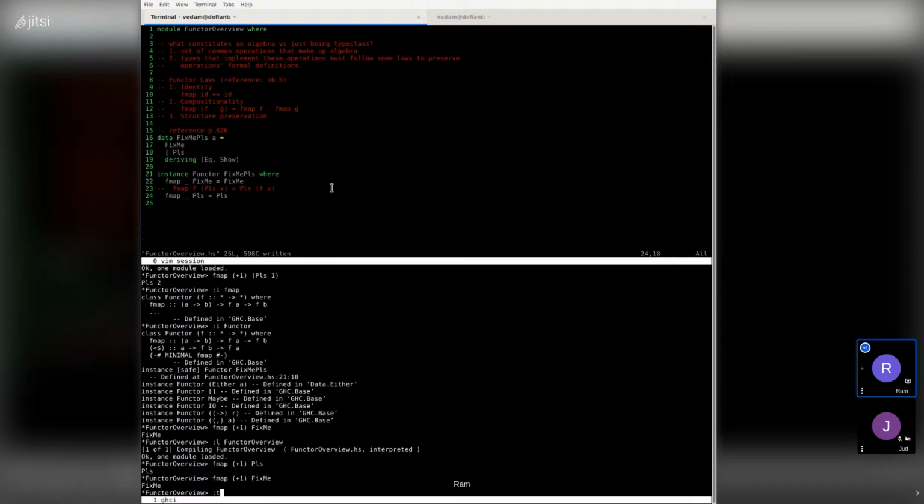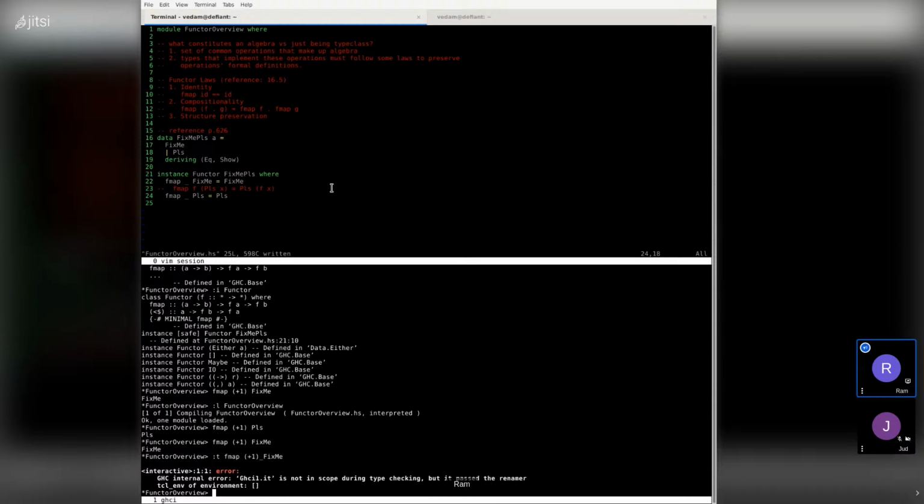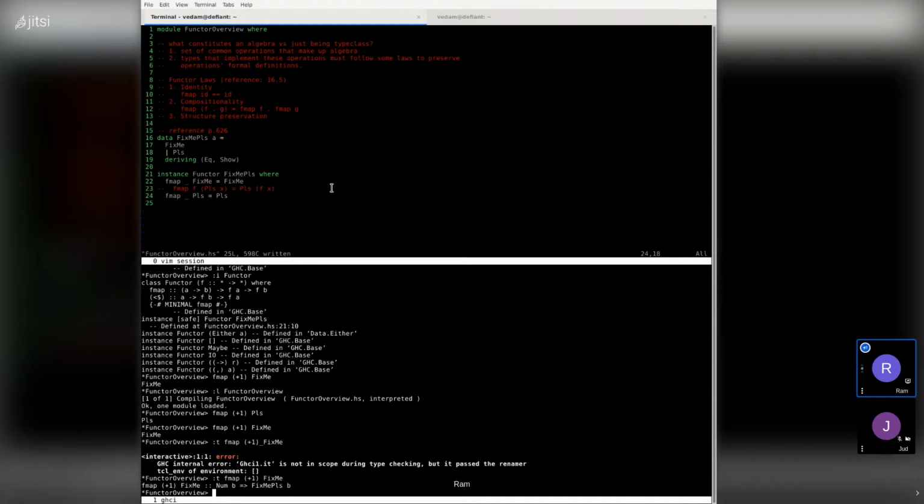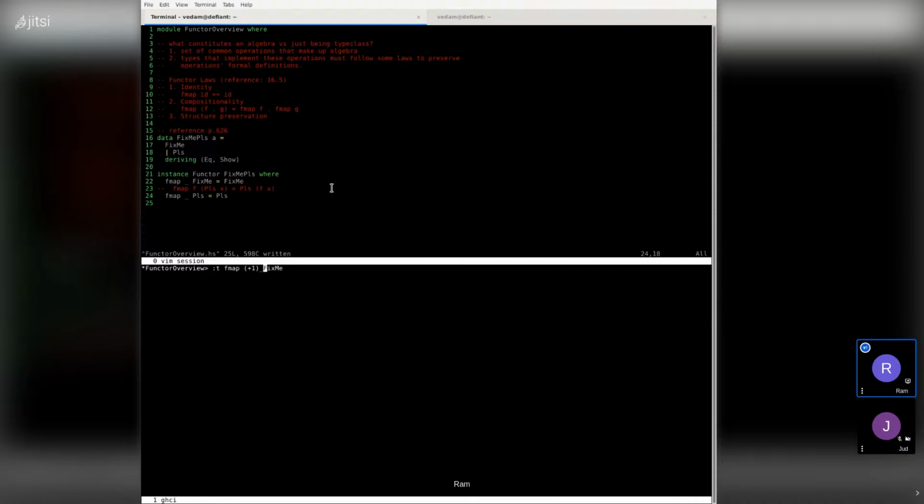And then if we do :t of fmap +1, you can see that here. Oh, sorry, I have an underscore here. You can see that this is going to give us a default because the +1 operator expects a numeric type.